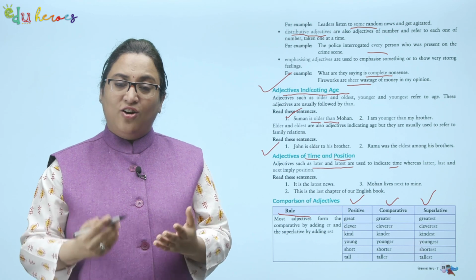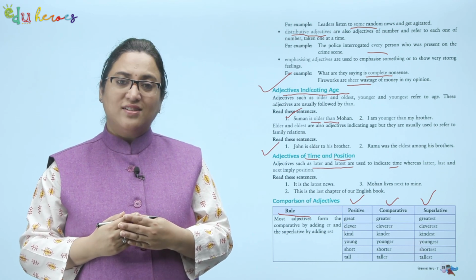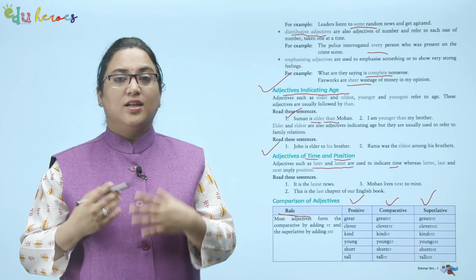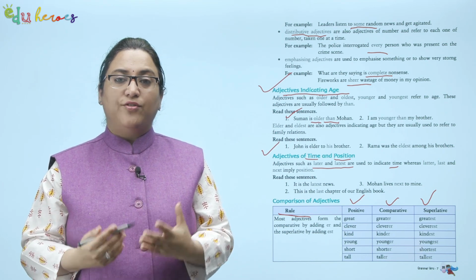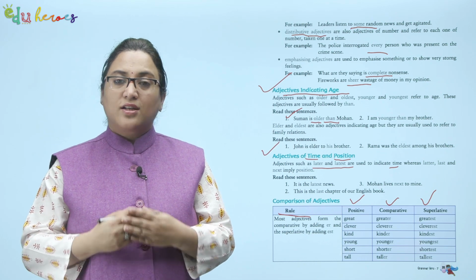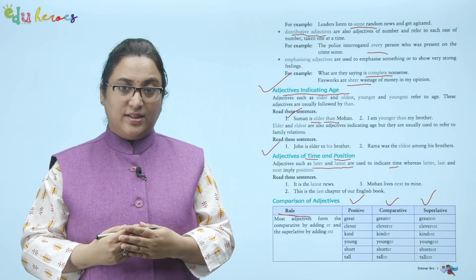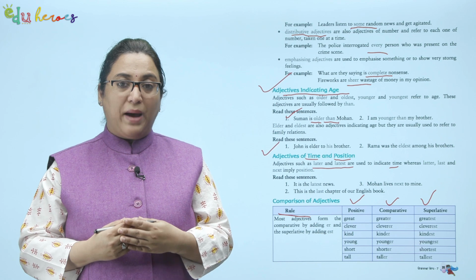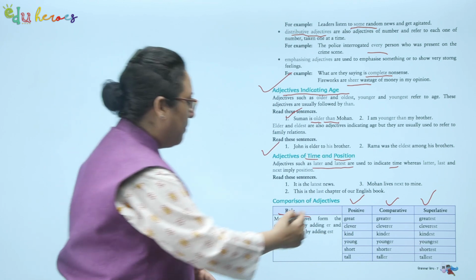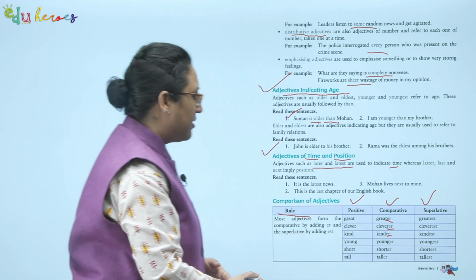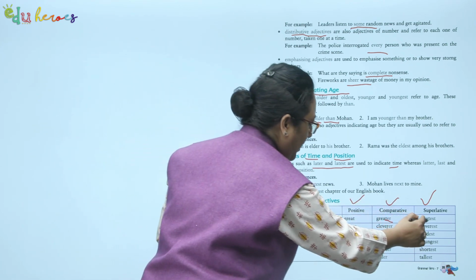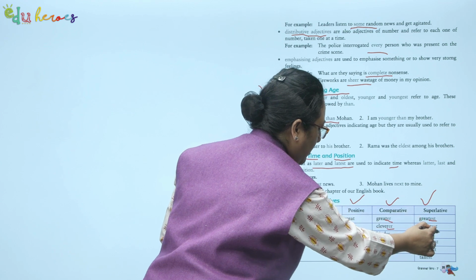Let's read along these examples. Great, greater, greatest. Clever, cleverer, cleverest. Kind, kinder, kindest. Could you see the pattern here? In comparative, we are adding er, that's it. And in superlative, we are adding est.